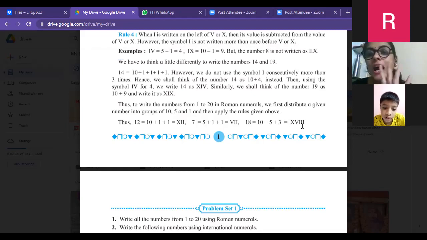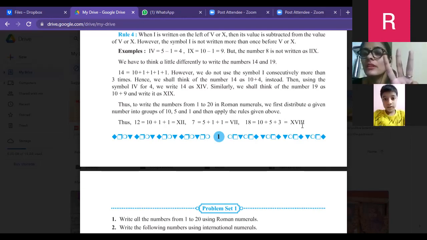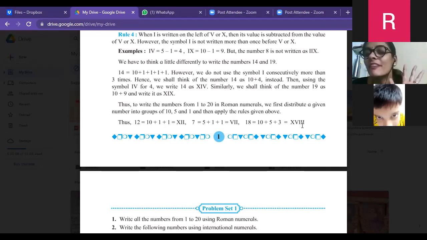Similarly for 4, how will you write 4? Will you write I I I I? No, teacher. No, because 4 times we cannot repeat I. Only we can repeat 3 times. Okay. So how will you write 4? 5 minus 1 you can say 4. So 5 is what? How do we represent 5?